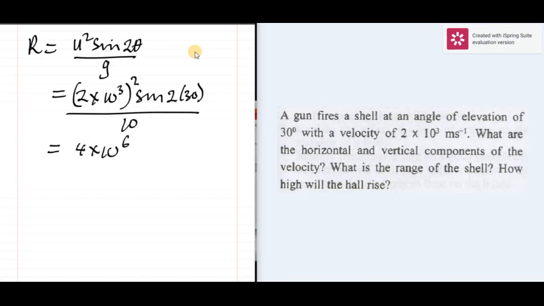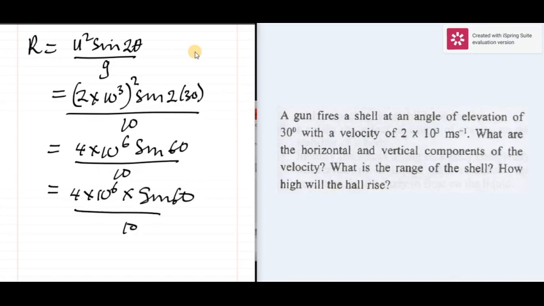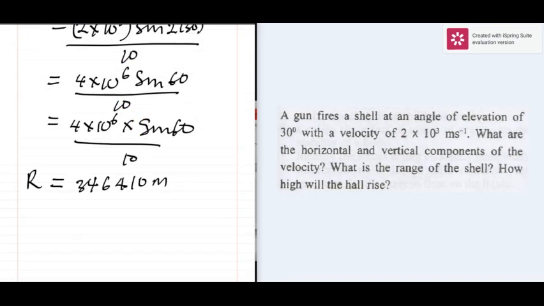If you open that, that's sin 60 all over 10. 4 times 10 raised to the power 6 sin 60 all over 10. The entire expression using a calculator will give us 346,410 meters. We're putting that in standard form. The range is equal to 3.5 times 10 raised to the power 5 meters.